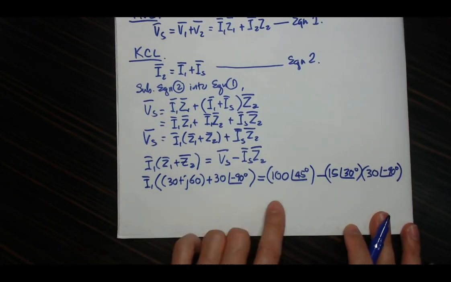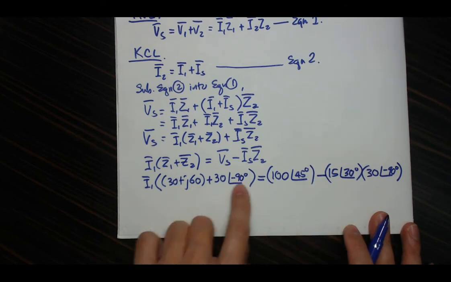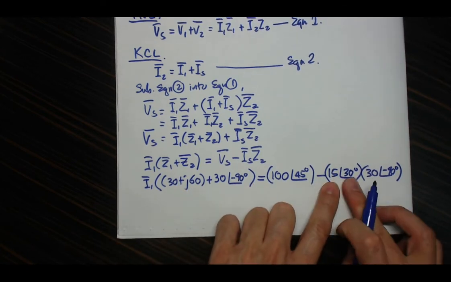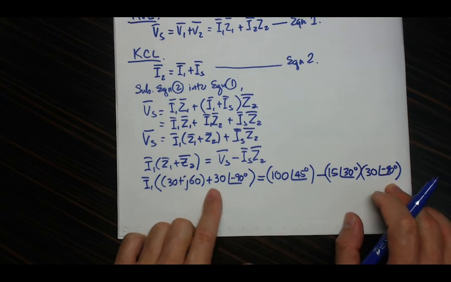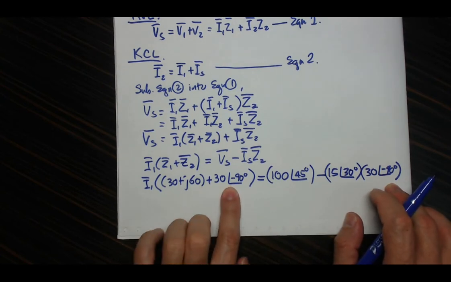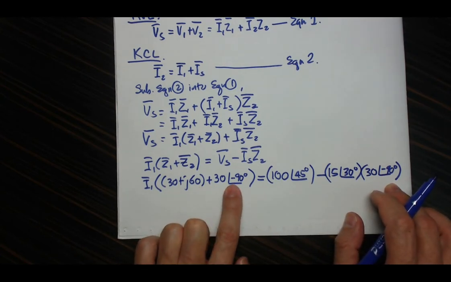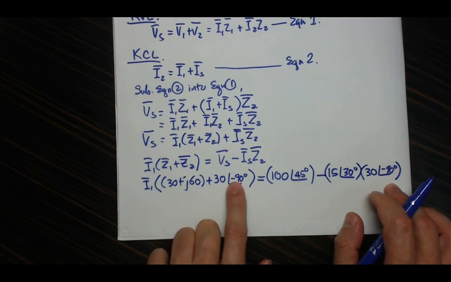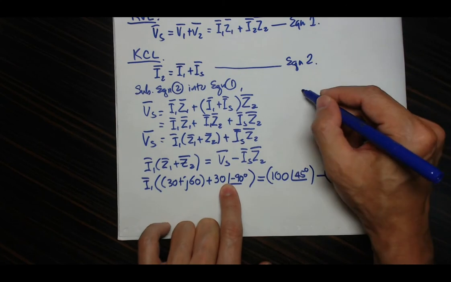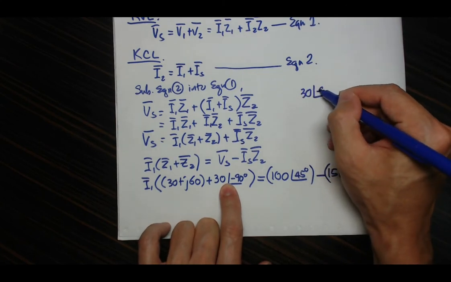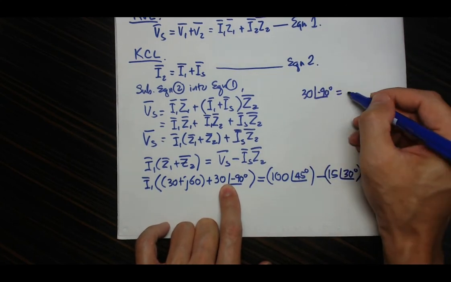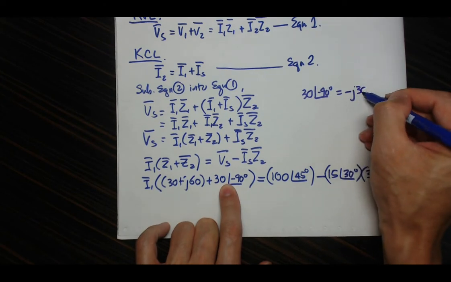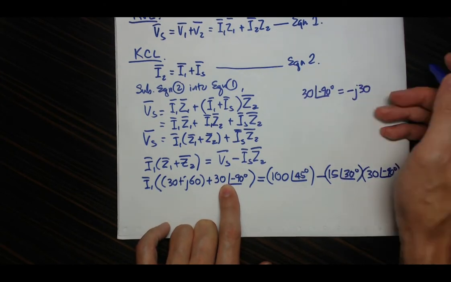Okay, so now all I need to do is work with these phasor or complex numbers. For this multiplication, I can go ahead and do it. For this, I have to convert to the rectangular form and add on to this. Now you recognize that this is minus 90. So if I were to convert this, 30 angle minus 90 degrees is just minus J30. Right?